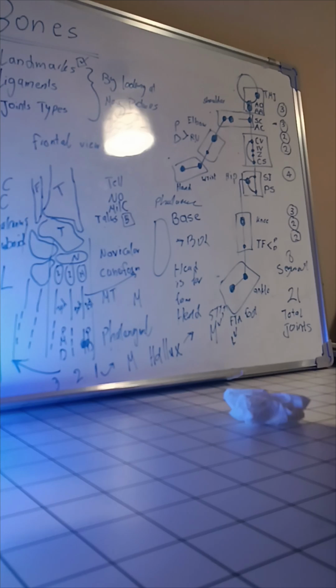Fibular trochlea, lateral view. The fibular trochlea is in the lateral aspect, and you have the groove, the trunk, and the body. Here's the talus. You have the head and the neck.